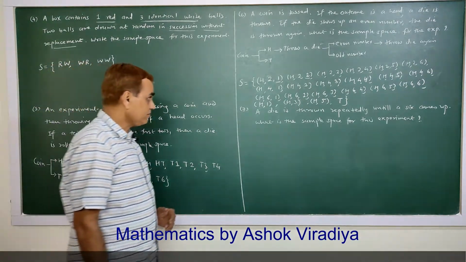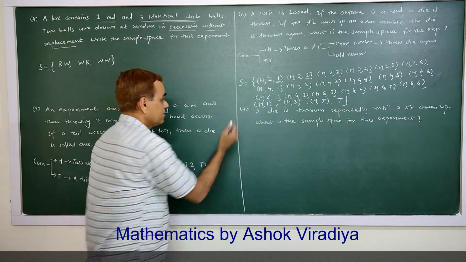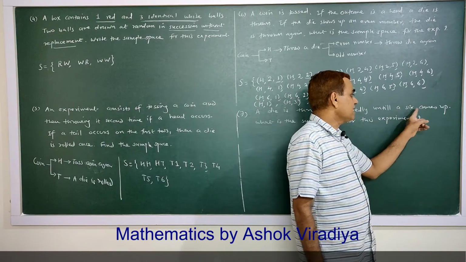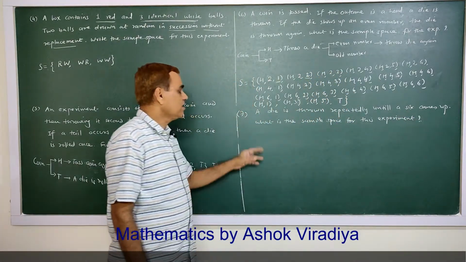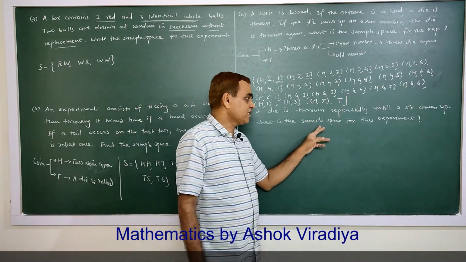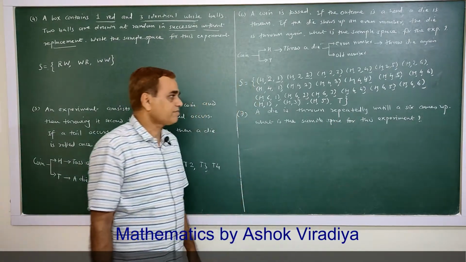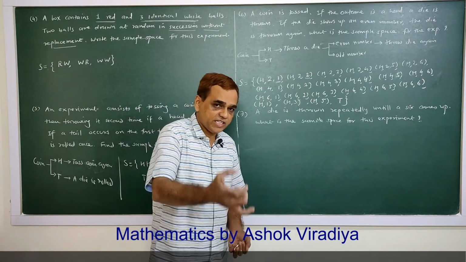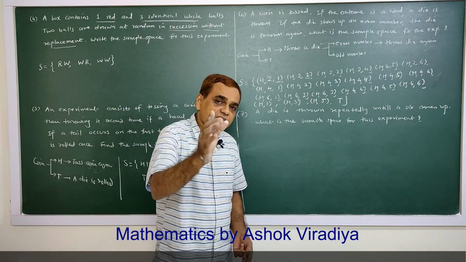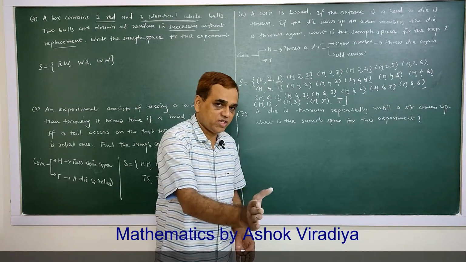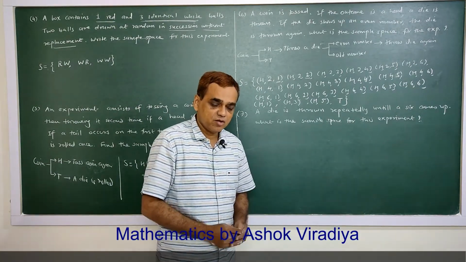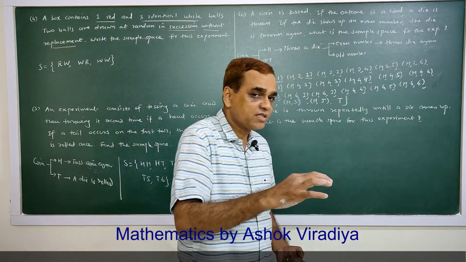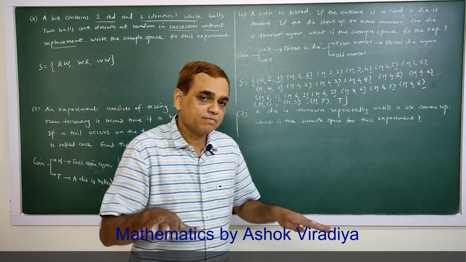Now, in this question, a die is thrown repeatedly until a 6 comes up. What is the sample space for this experiment? The experiment is to toss a die. Whenever you get a 6, stop the procedure and the experiment is over. On the first toss, if a 6 appears, the experiment is over.